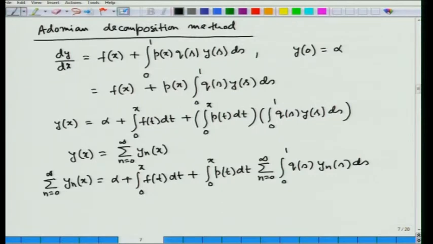integral 0 to x f(t) dt from the right, then we can find y_0(x), this is equal to alpha plus integral 0 to x f(t) dt. Then equating y_1 from the right with the term integral 0 to x p(t) dt integral 0 to 1 q(s) y_0(s) ds, we can calculate y_1(x) because y_0(x) is already known.